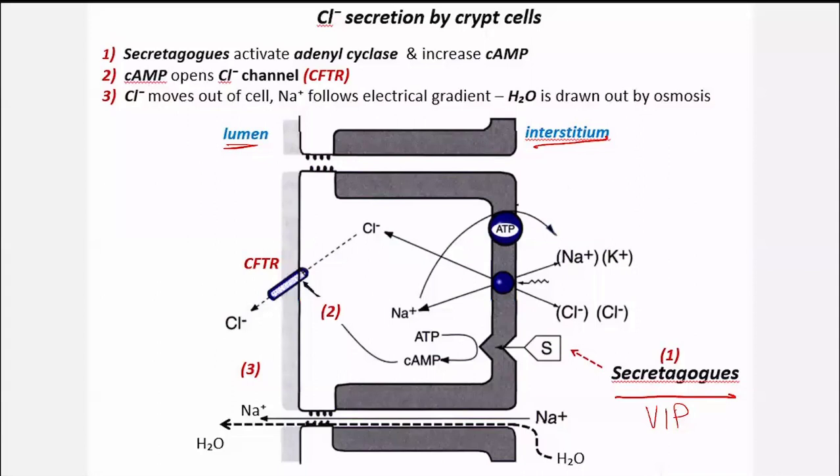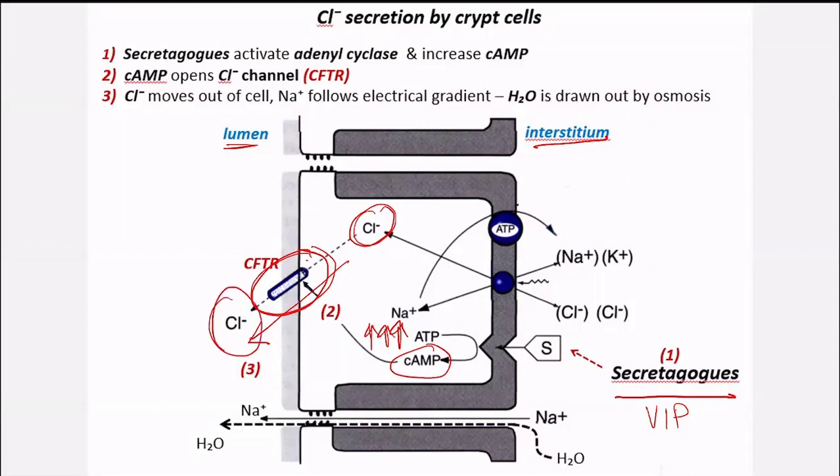And when you have an increase in cyclic AMP, this is going to activate the CFTR, which is a chloride channel. You don't need to know the full form of the name. It's not mentioned in Dr. Angelica's slides. So this chloride channel is going to move chloride from inside of the cell to outside of the cell, like that, okay?